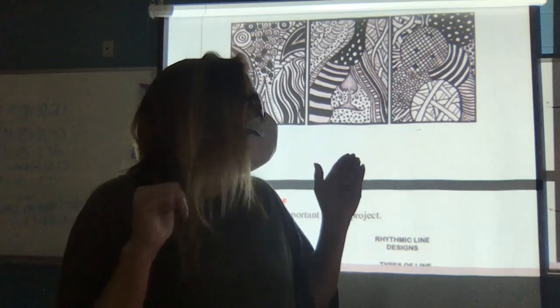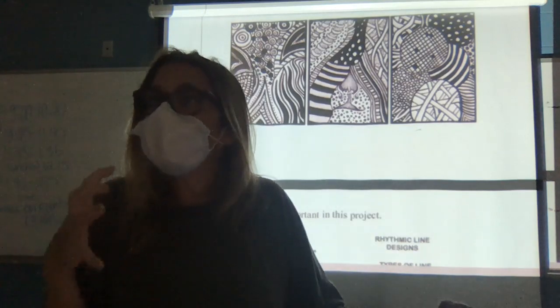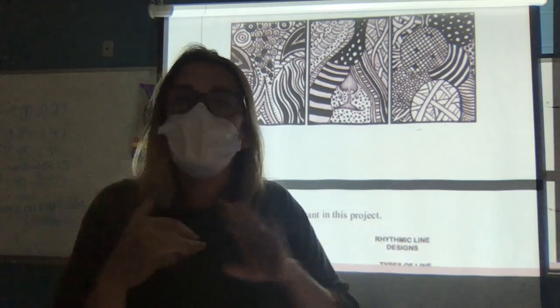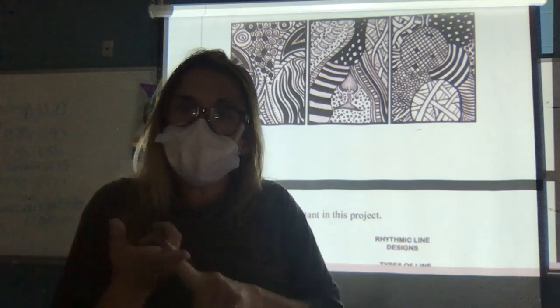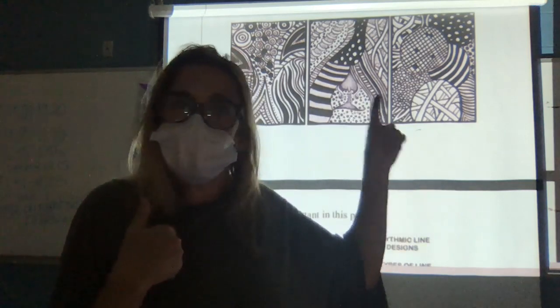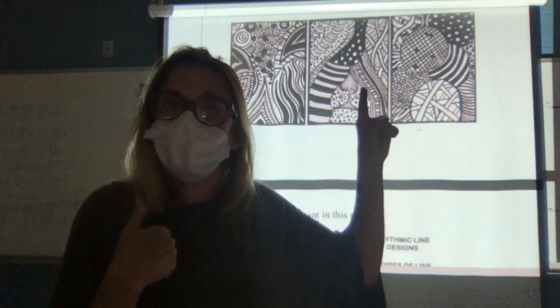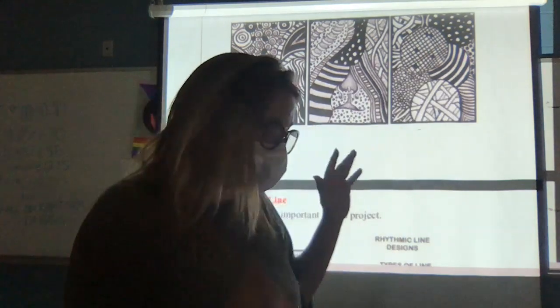How can you express something you're passionate about, some social issue that you're passionate about, only using line, shape, pattern, repetition, and a couple of colors if you want? Maybe the whole thing is in black and white design, and then there are some key elements that stand out, that are in color.